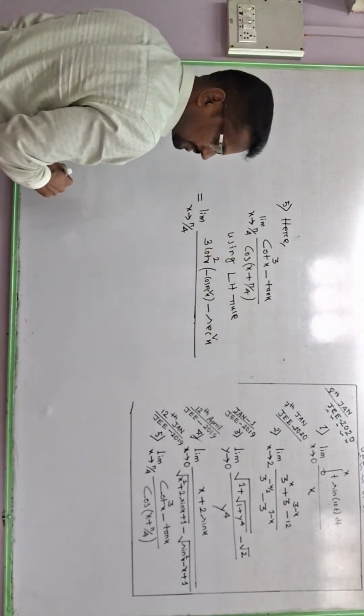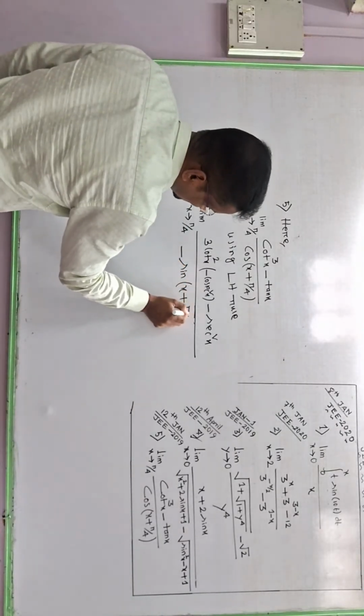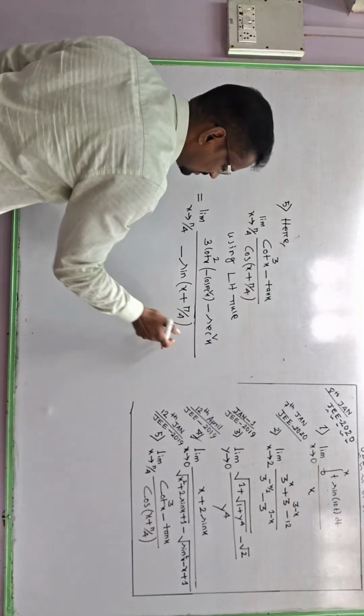Cos of something, it is minus sin of something, x plus pi by 4. Again derivative of this something is 1 itself.